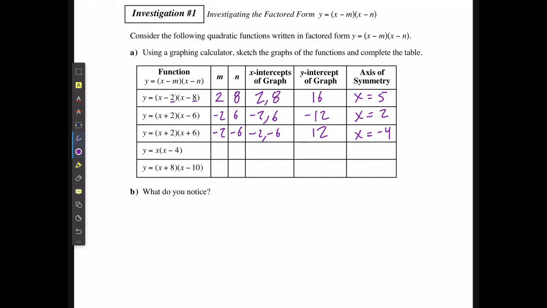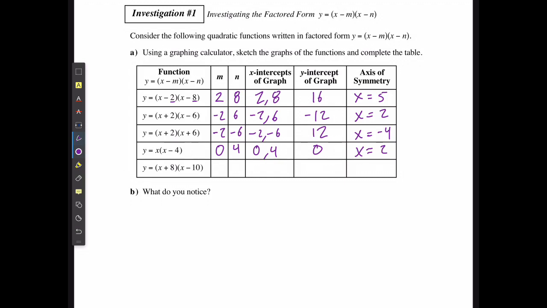In the next case, there are no brackets in here, which means that they've eliminated the m, so the m is just going to be equal to 0. The n is equal to positive 4. The intercepts occur at 0 and 4. The y-intercept occurs at 0, and the axis of symmetry is when x is equal to 2.